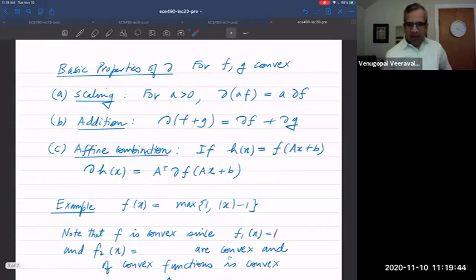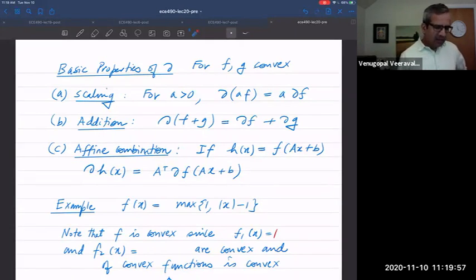All right. So let's look at some basic properties of this subdifferential. And you're going to prove these in your homework. They are very short proofs, easy to do. You just have to verify that the definition of a subdifferential holds. So if you scale f, then the subdifferential gets scaled by something positive, of course.